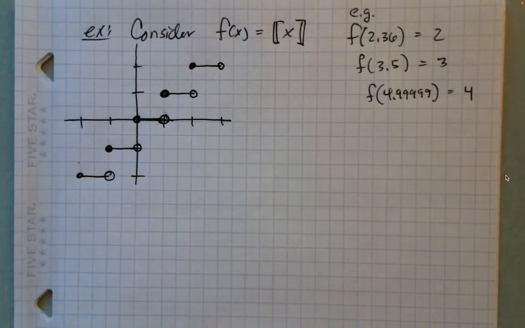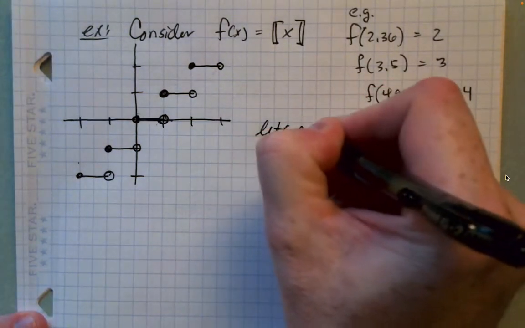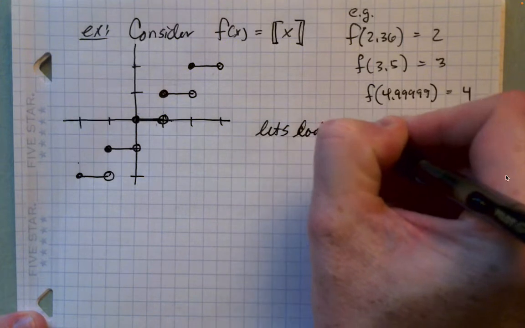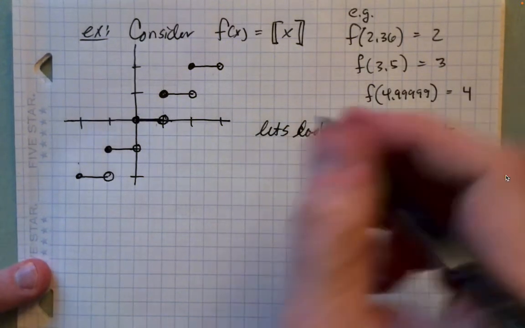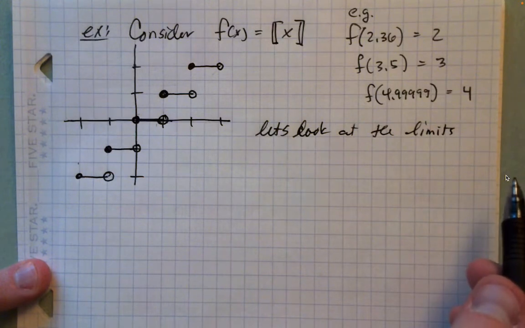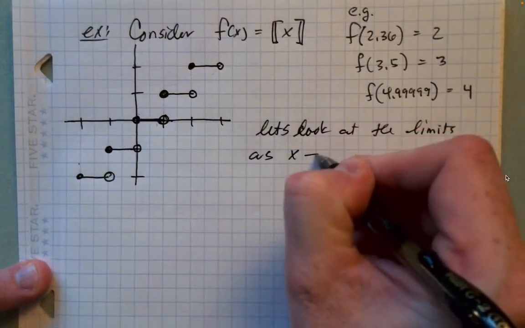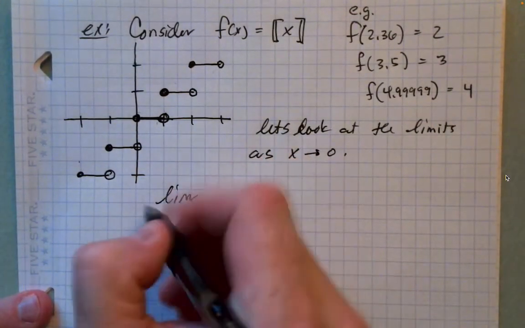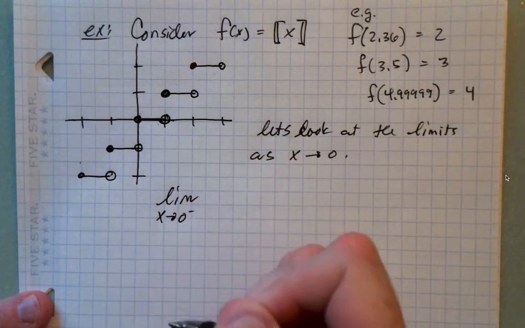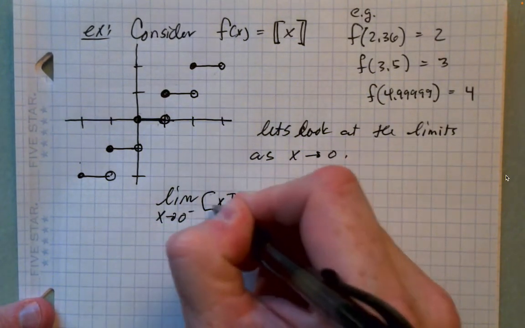But in this case, let's look at the limits of the function as x approaches 0, from the left and from the right. So the limit as x approaches 0 from the left-hand side of this function.